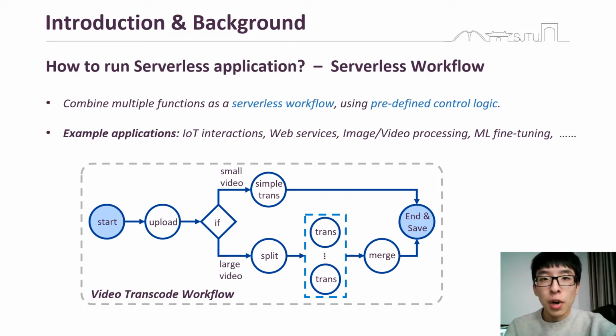Developers have to define the workflow with 5 functions: upload, simple trans, split, trans, and merge. Besides function code, application developers also need to additionally predefine the control logic with a workflow definition language.